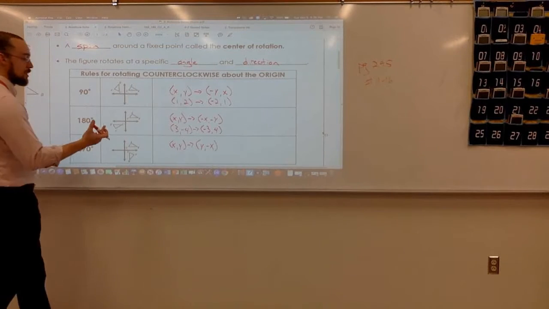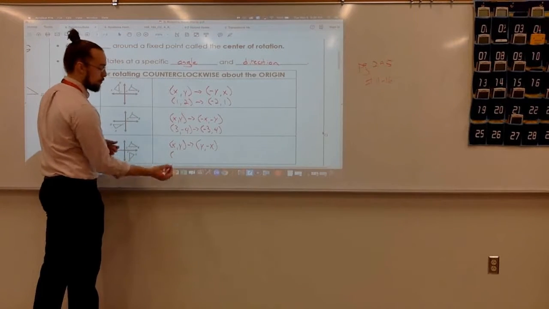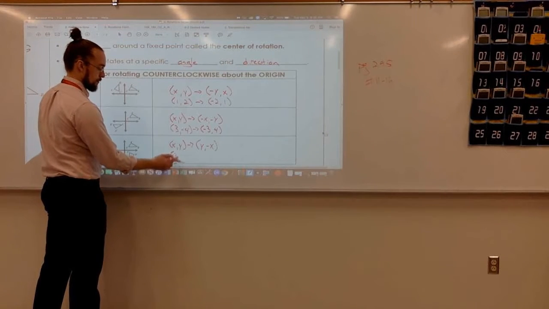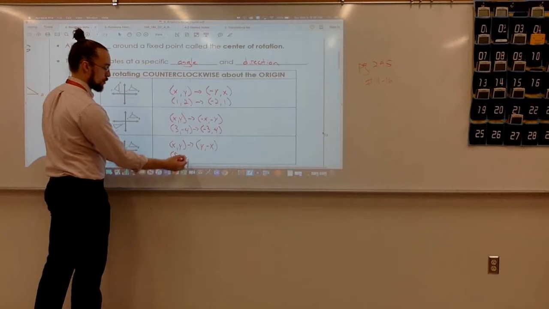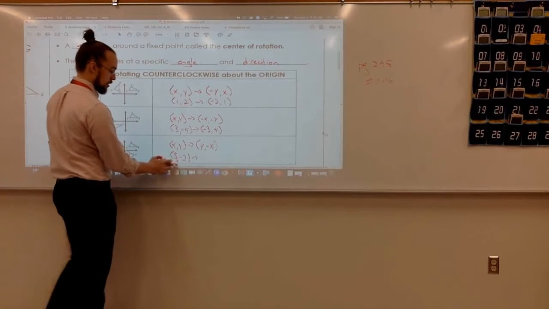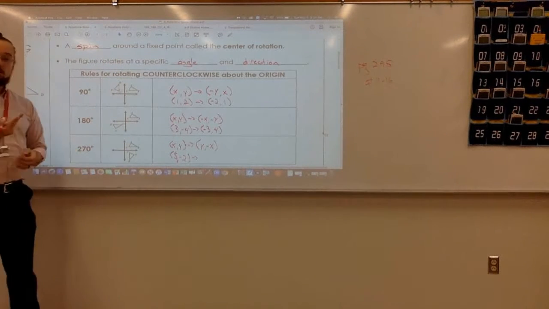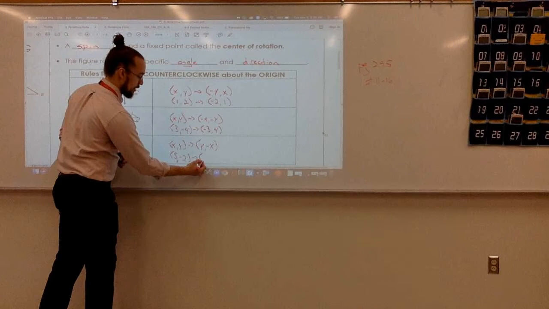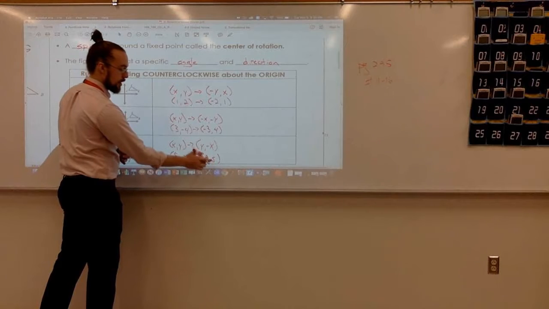For example, if my original point was -2, right? I flip my coordinates, so I'll make this 5, and then I take the opposite of what the x was.